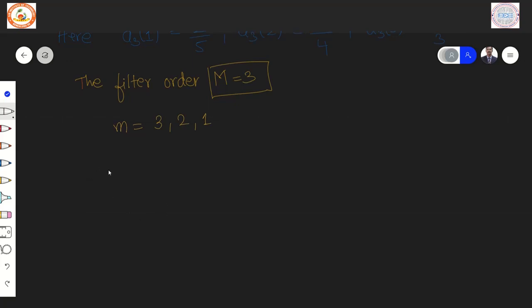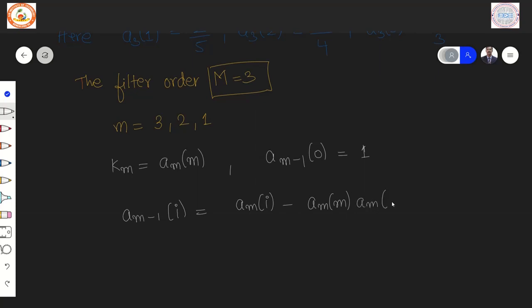Now, we know that Km, the reflection coefficient or the lattice coefficient, is Am of m. We know that Am minus 1 of 0 is equal to 1, and Am minus 1 of i is equal to Am of i minus Am of m into Am of m minus i, whole divided by 1 minus Am of m the whole square, or it is simply called Km square.